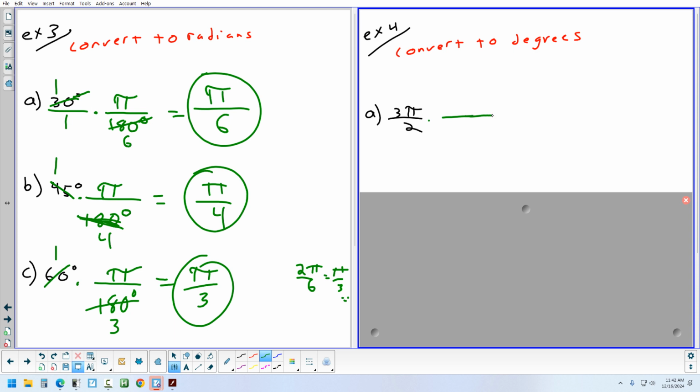It's going to go in the denominator. What number do we always connect with radians when we're converting? Pi. So pi radians in the bottom. What about the top? 180 degrees. So the radians cancels, that's invisible. The pi cancels.